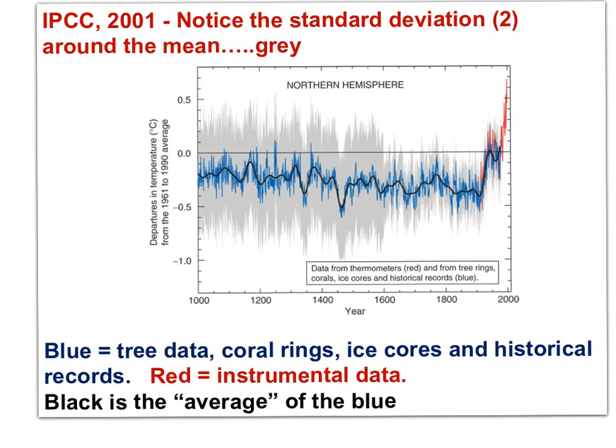But what you should notice is that uncertainty is quite large. In fact, at any one time in the past, the temperature might have been here or here or here, nearly as high as directly measured temperatures of today. Thus, there is a lot of uncertainty in understanding the high temperature of today.